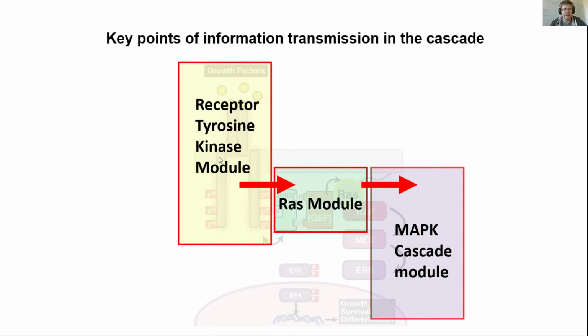So when this tyrosine kinase is activated, it's going to lead to the activation of the RAS module by recruiting that GEF to the membrane. And now, once this RAS module has become active, how does it communicate its signals? Well, it's going to communicate its information to this MAP kinase cascade module, which is what's going to ultimately lead to the changes in gene expression in the cell.